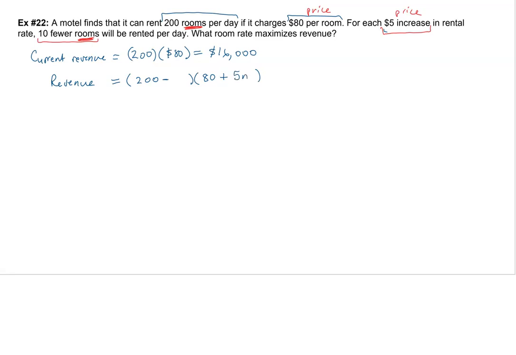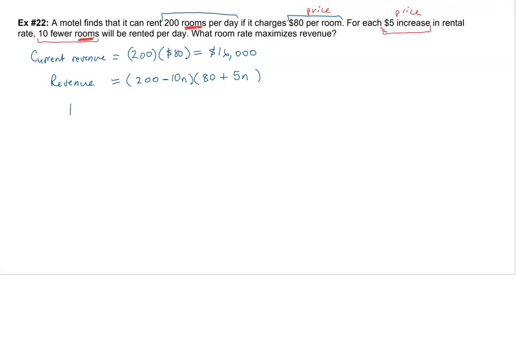So the price is going to go up by 5n. And then the rooms are going down in bunches of 10. Each of those $5 increases, each time we have an increase of 5, we lose 10 rooms. So I'm going to set up my revenue function this way: 200 minus 10n times 80 plus 5n. And then n will tell us how many times to raise the price and then therefore lower the rooms.